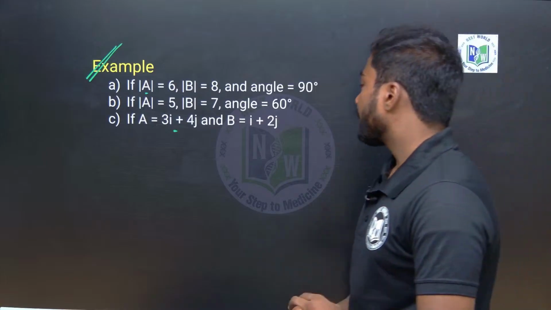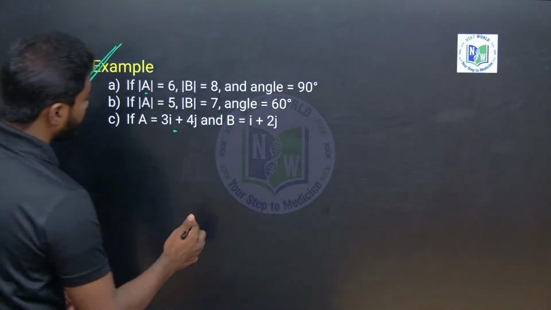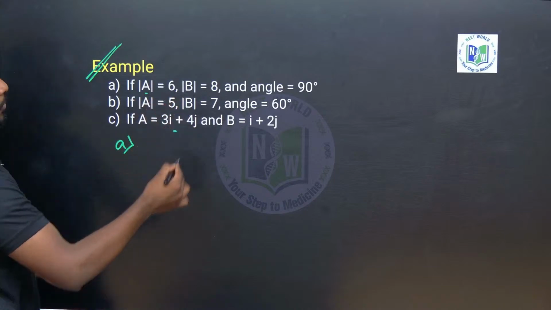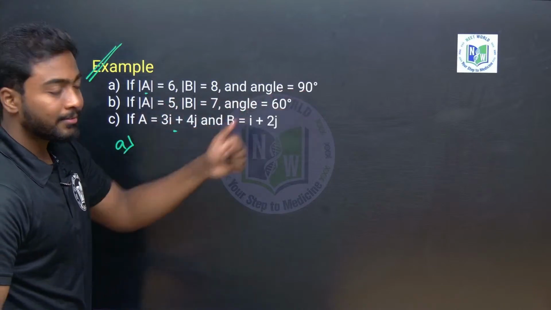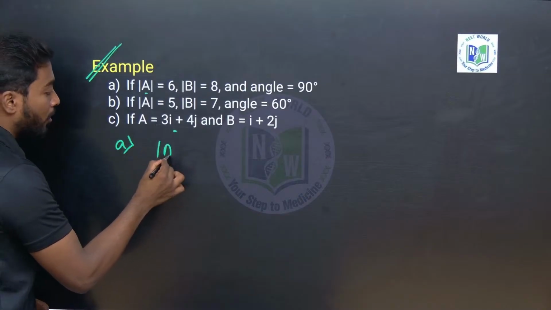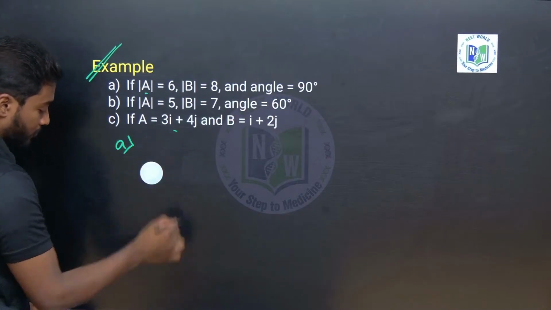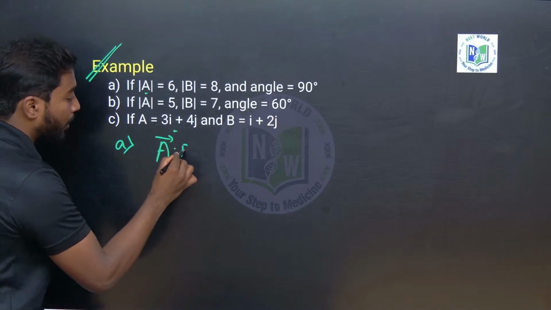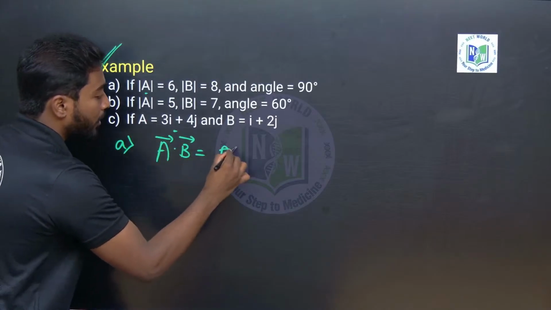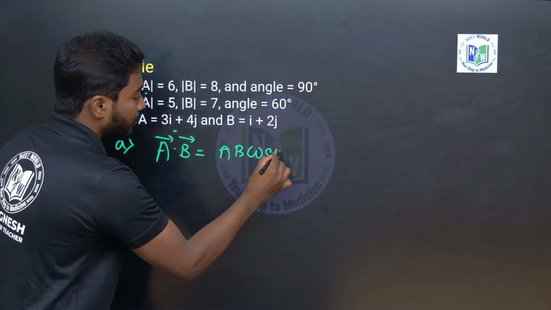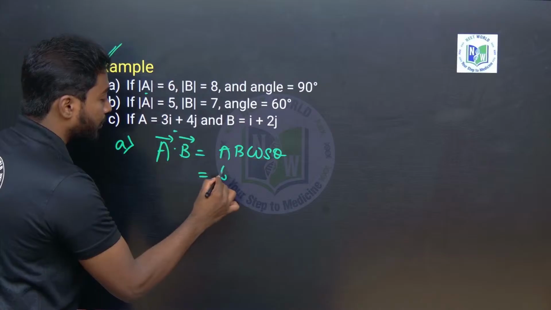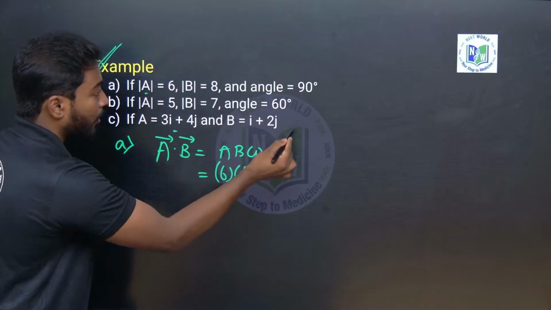Okay, we will write the answers now. Fine. First one, A is equal to 6, B is equal to 8, angle is 90 degrees. So A vector dot B vector is equal to AB cos theta. A is 6, B is 8, cos 90 is 0.